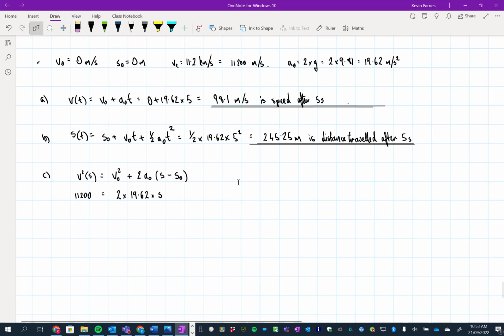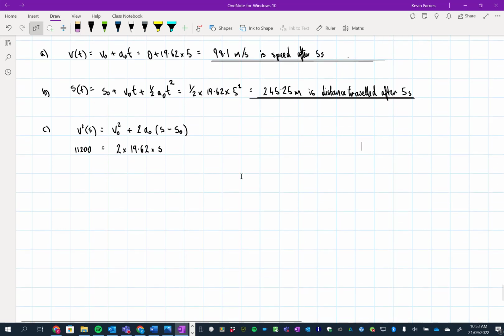We're just assuming ground level is 0. And so therefore that distance is going to be 11,200 divided by 2 times 19.62, which is equal to 280.